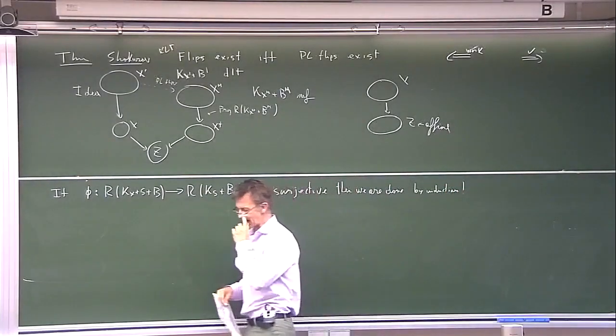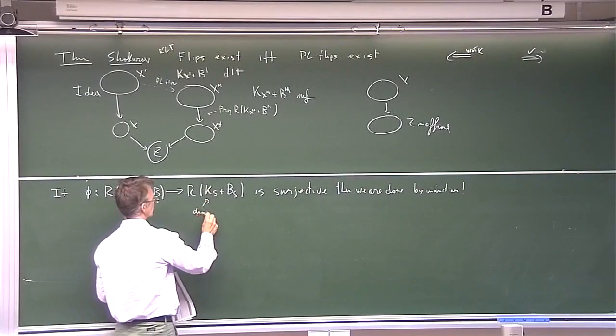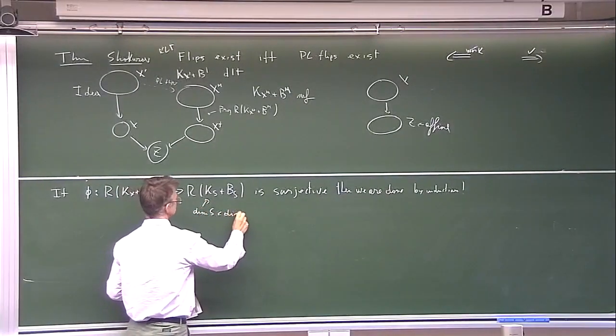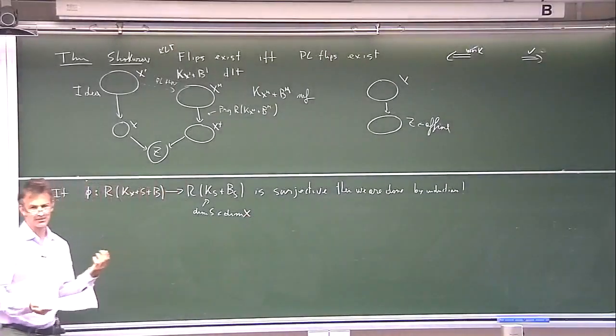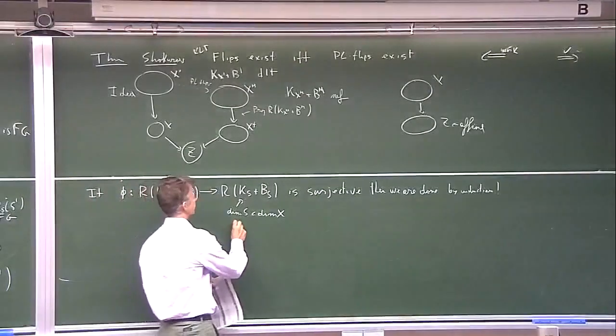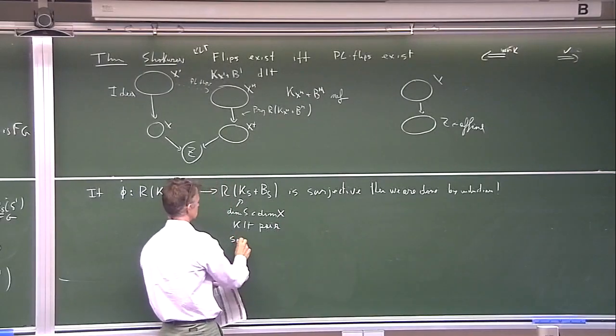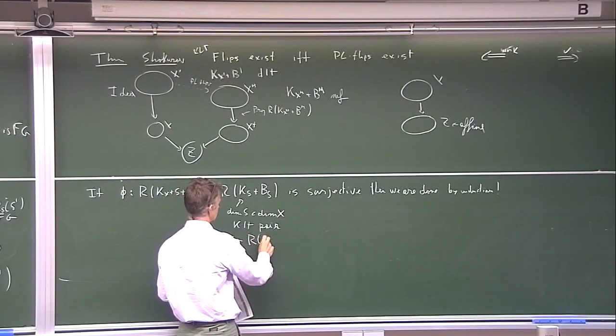Why is that? Well, the dimension of S is less than the dimension of X, so it's an easier problem in some sense. And it's a KLT pair, so the ring is finitely generated.